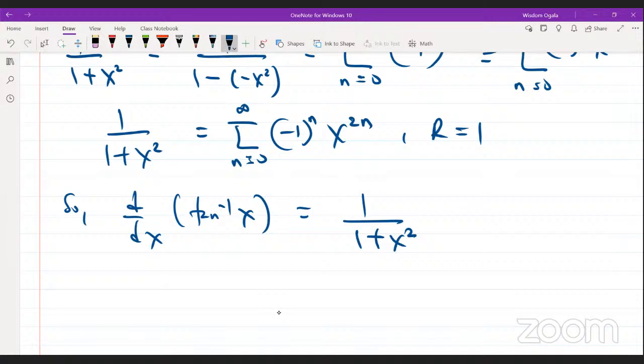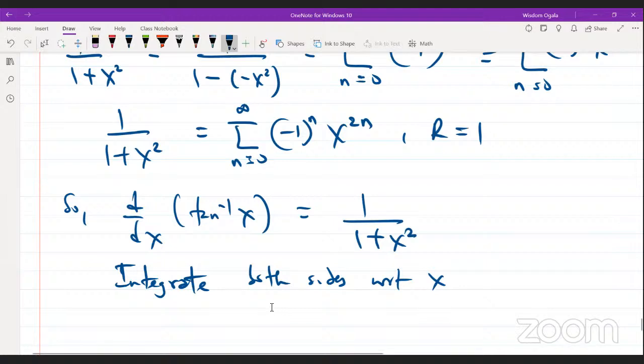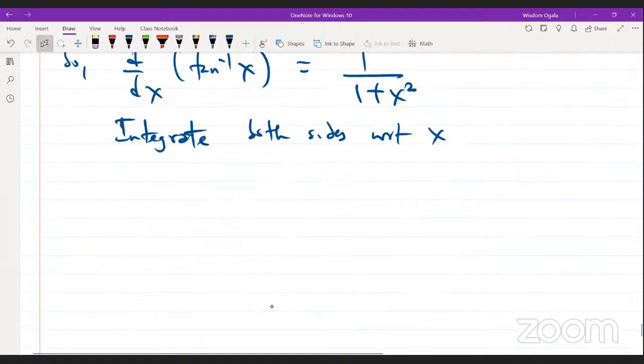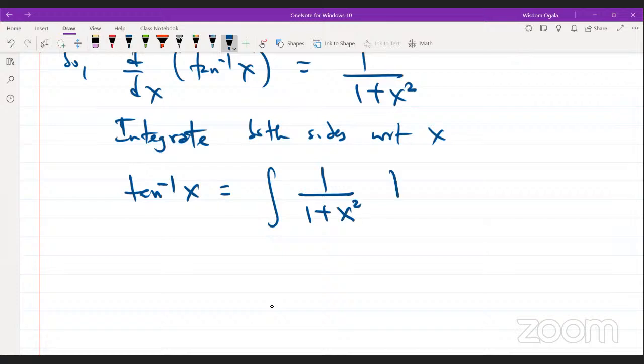I have to integrate both sides with respect to x. It's going to knock off the derivative operator, so I'm going to have tan inverse of x equals the integral of 1 over 1 plus x squared dx.